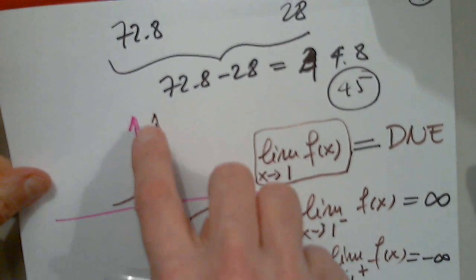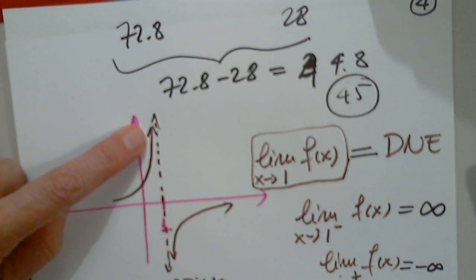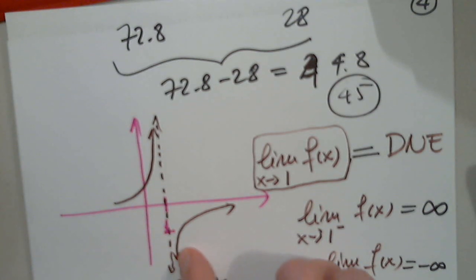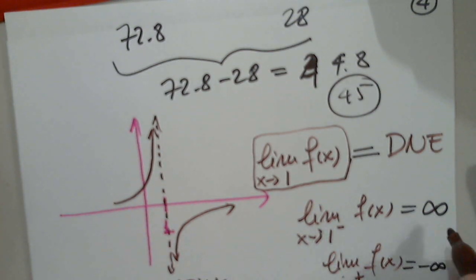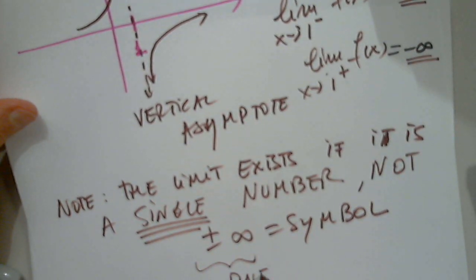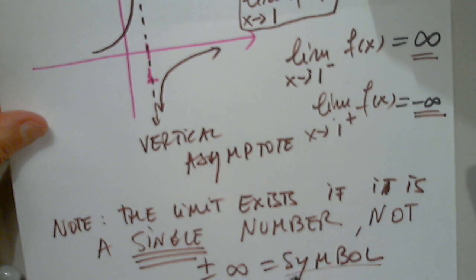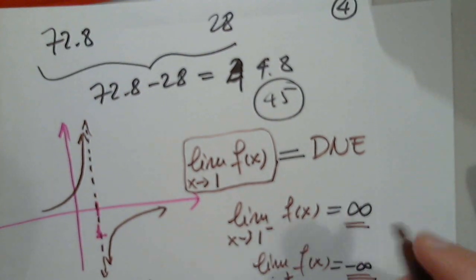They are different. You can say from the left is infinity. From the right is -infinity. However, this and this are still DNE because it's not a single number. It's a symbol. But I cannot write DNE for this.